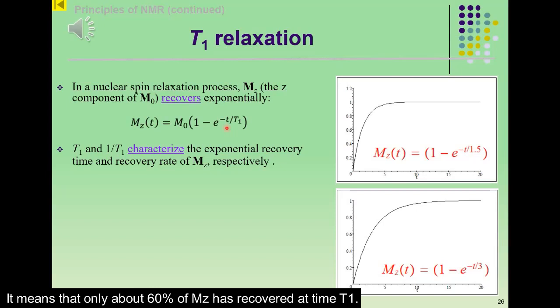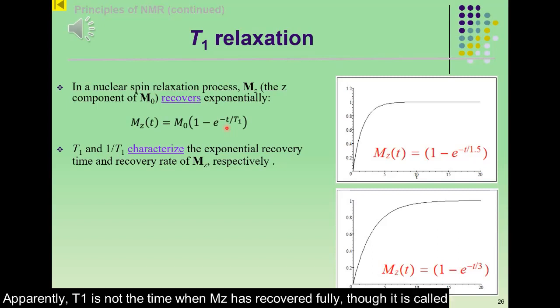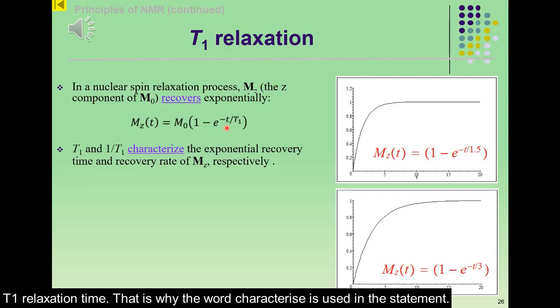It means that only about 60% of Mz has recovered at time T1. Apparently, T1 is not the time when Mz has recovered fully, though it's called T1 relaxation time. That is why the word characterize is used in the statement.